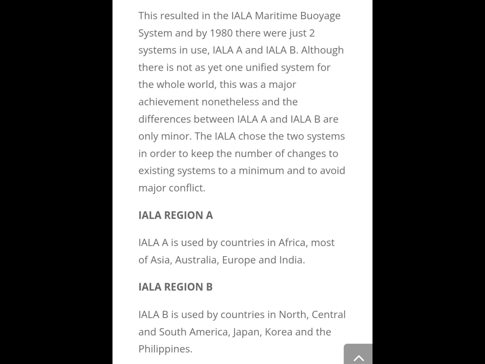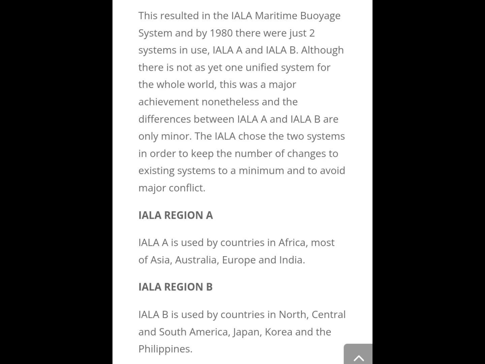This was a major achievement nonetheless, and the differences between IALA-A and IALA-B are only minor. The IALA chose the two systems in order to keep the number of changes to existing systems to a minimum and avoid major conflict.